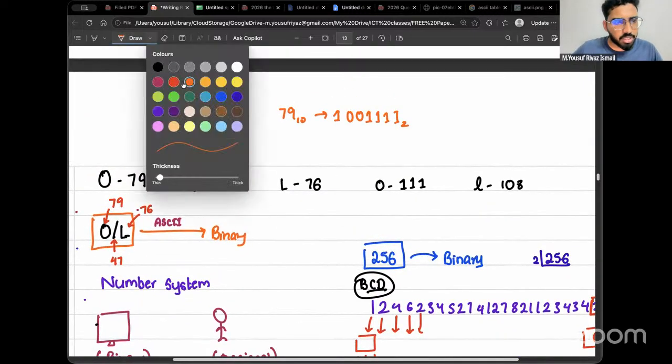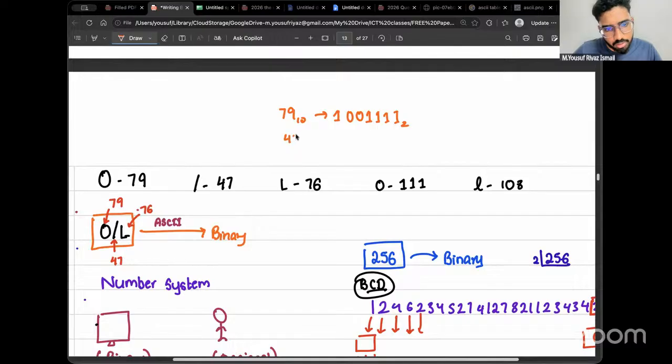And if you convert 47 to binary, 47 is basically 32, 37, 47. So that's 0, 1, 0, 1, 1, 1.